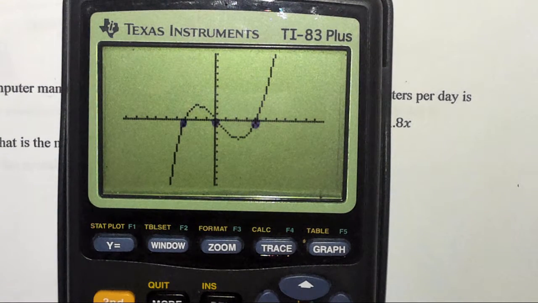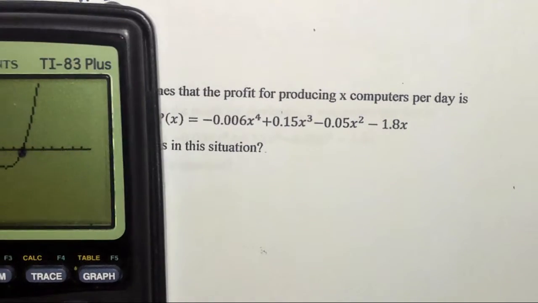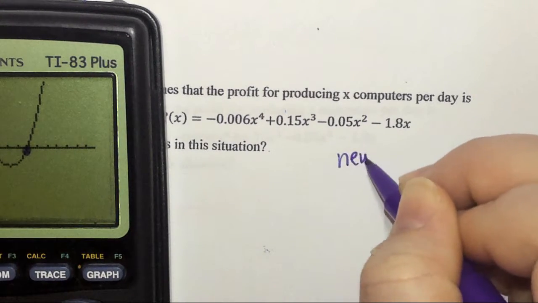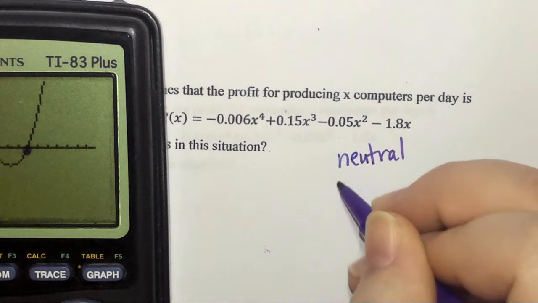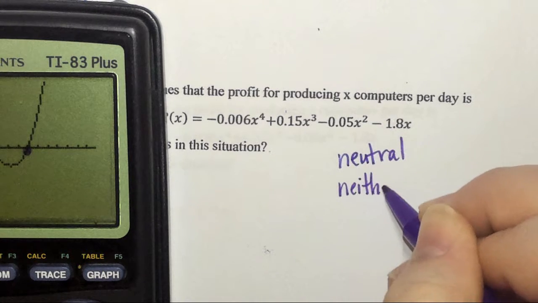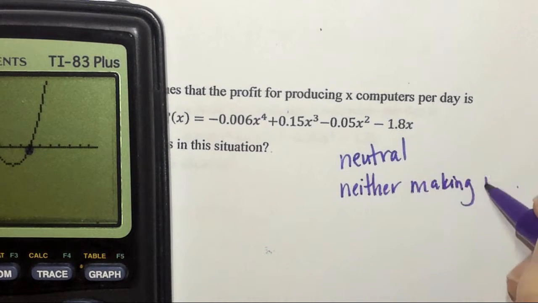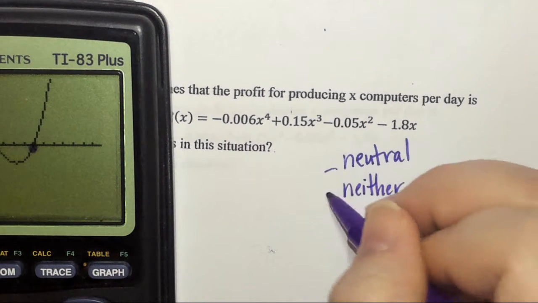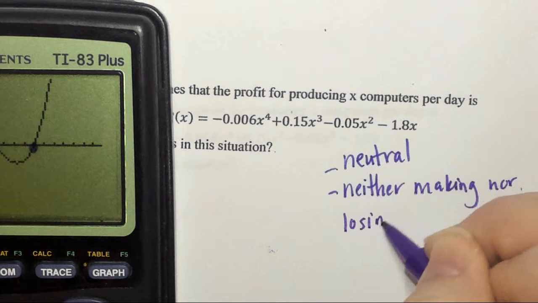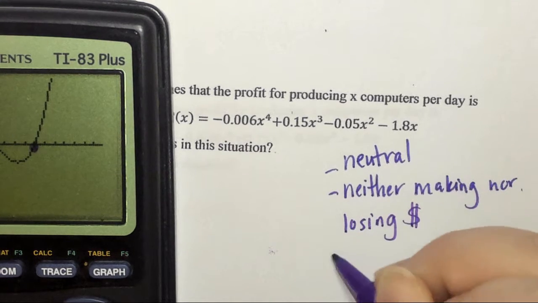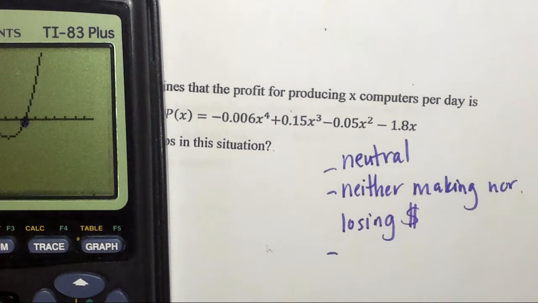We're what now? Yeah, we're not gaining or losing. What would that be called? It's neutral, or you want to say neither gaining nor losing, or neither making nor losing money, or there's like a financial term for that. It's not that deep.